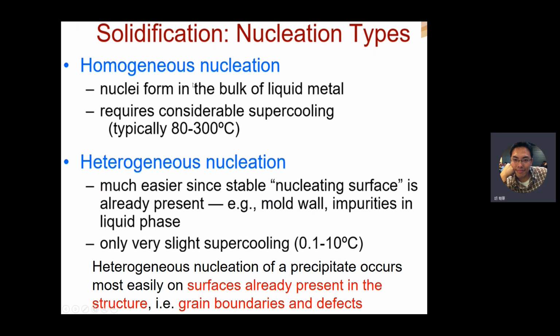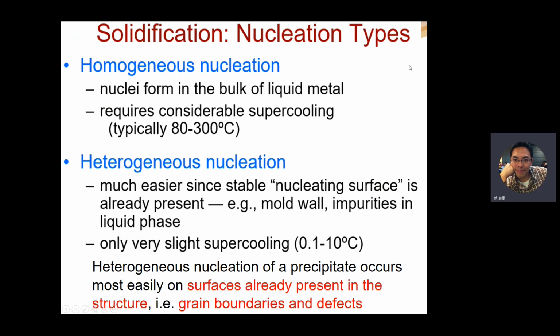Okay, so let's look at the nucleation types. Homogeneous nucleation, where the nuclei form in the bulk of the liquid metal, requires considerable supercooling, 80 to 300 Celsius.